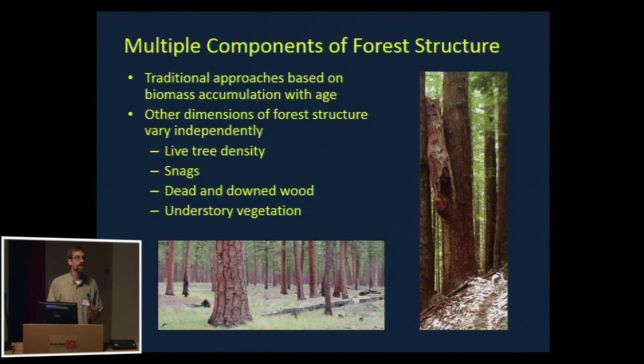Sometimes we get these partial stand-replacing disturbances where there might be drops in live biomass and potentially inputs into the dead pool. So we have other dimensions aside from live biomass and big trees that potentially vary independently of that biomass dimension. Some of these are the density of live trees, how many trees there are, snag biomass, snag density, biomass of dead and down wood, and also understory vegetation.